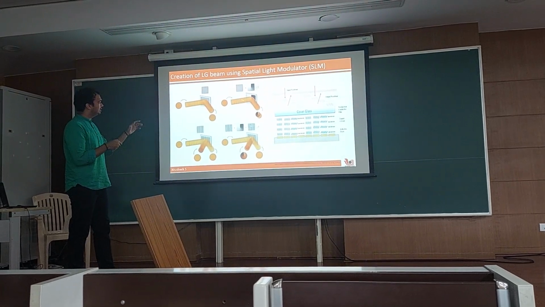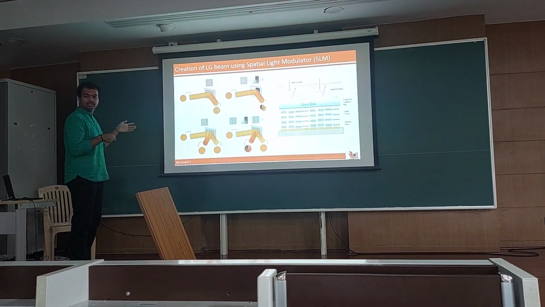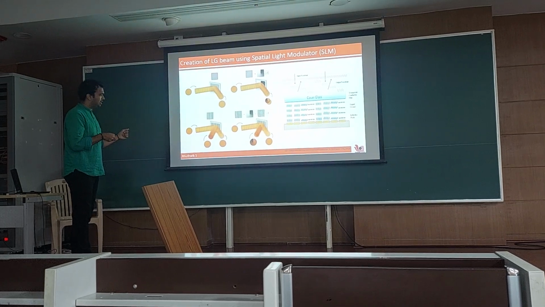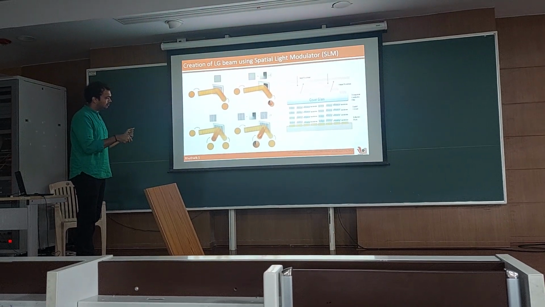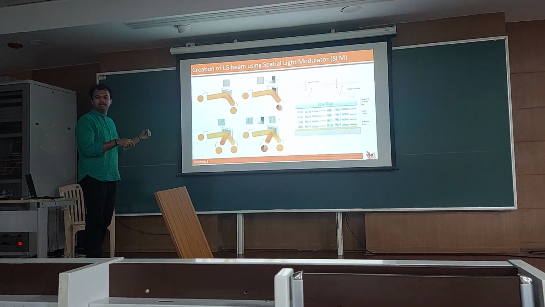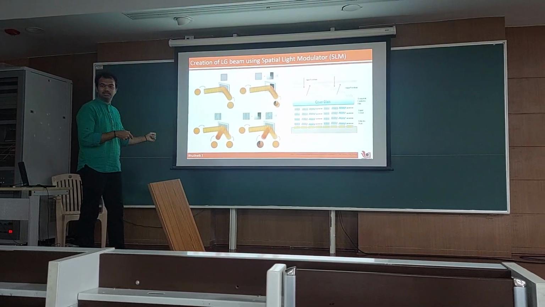To extract just the Laguerre-Gaussian beam, we give a linear grating to this voltage. Thereby we can get the 0th order and 1st order. In the 1st order we get only the Laguerre-Gaussian beam, and in the 0th order we get the unconverted Gaussian beam, and we block that using special filters.